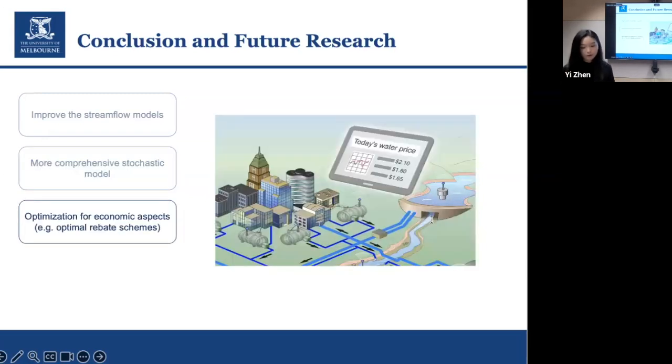And there is also a potential to explore optimization from an economic perspective as well, like working out the optimal rebate schemes to encourage better participation and also more efficient use of the systems.